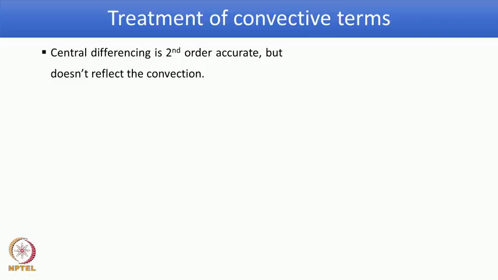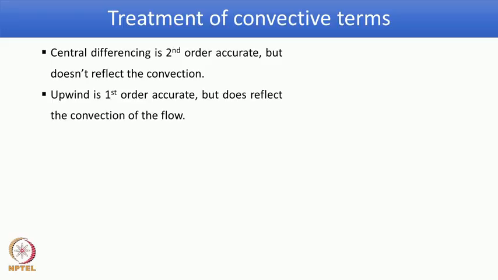So, next we will see the central difference scheme is second order accurate, but it does not reflect the convection, whereas the upwind scheme, the pure upwind scheme that we have just now seen, is first order accurate. As we have seen, it only takes the nodal value upstream of the face for the respective direction of the flow, whereas it does reflect the convection of the flow.